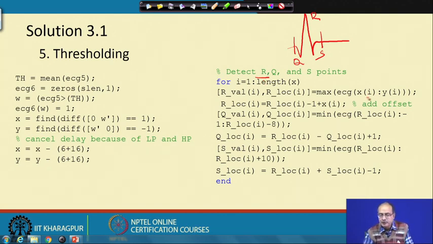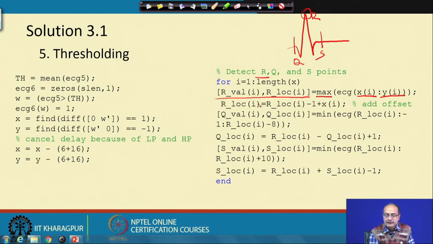It is done with a simple operation: the ith peak is located within xi and yi. So, we find the maximum value within this range, which gives us the R peak. Okay. So, that location is kept in this vector R underscore LOC and the value is kept in R underscore value.